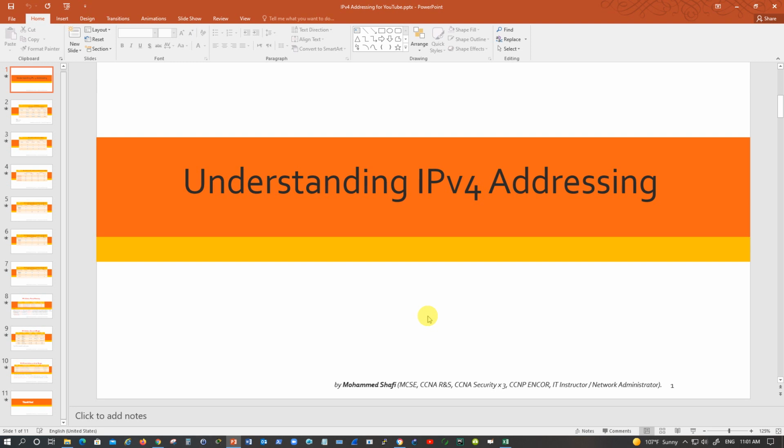But before we start and understand this one, let's see what is IPv4 addressing and basically what is an IP address. An IP address is a 32-bit logical address, especially the IP version 4 I'm talking about. By logical I mean to say that it can be changed whenever you want.